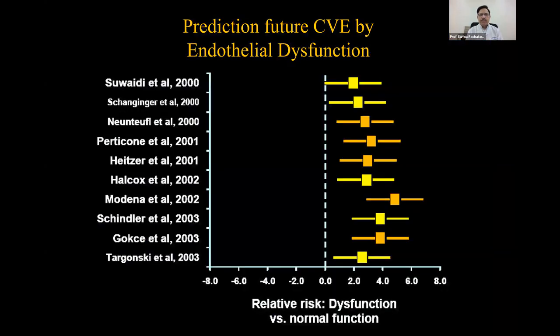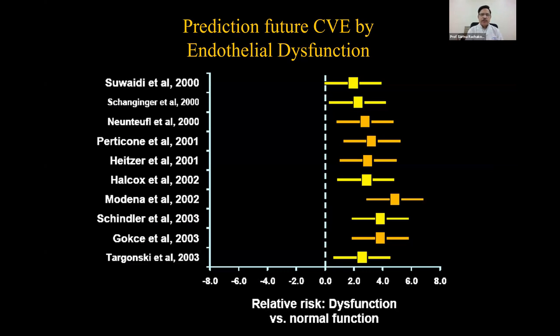Now, see this beautiful study. Prediction of future CVE events by endothelial dysfunction. There were already around 10 studies. 0 is no risk, that is the normal risk. Relative risk of minus is better. Relative risk of plus is worse. +2, +4, +6, +8.